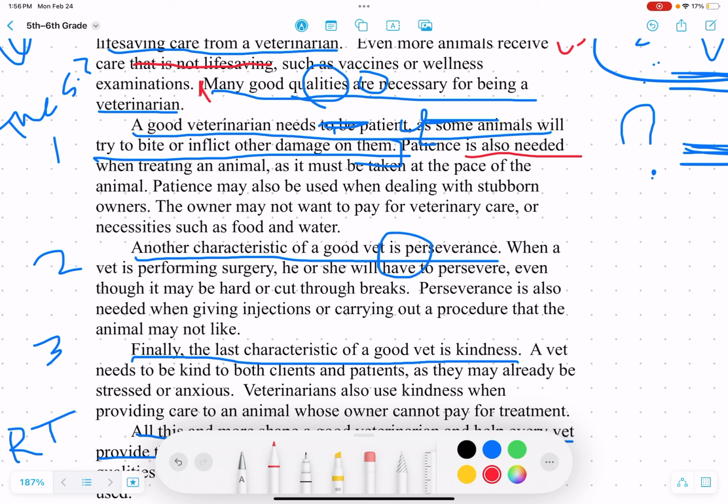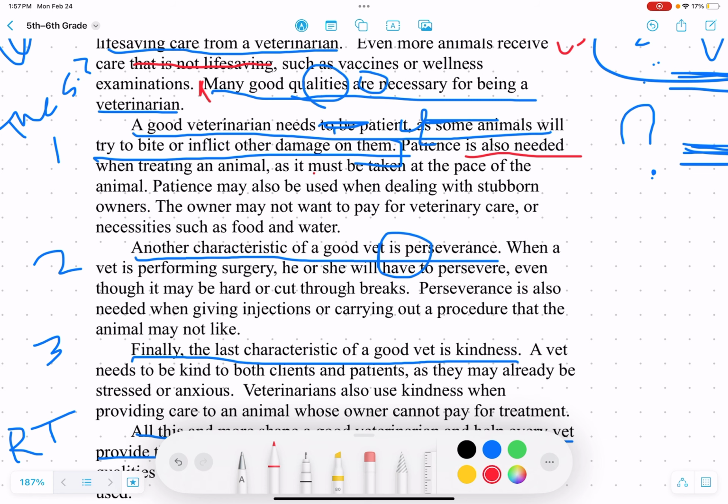So we either want to say patience when treating an animal. Let's see, how can we reword this? Maybe we just rearrange the sentence and say treatment must be taken.